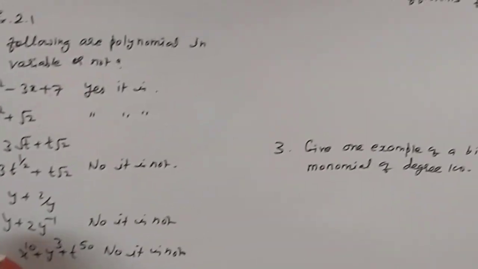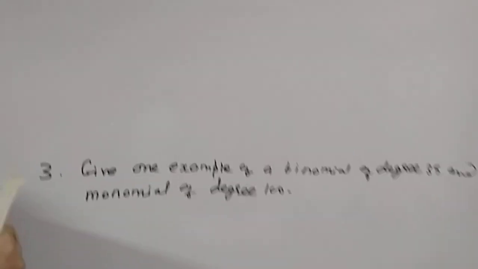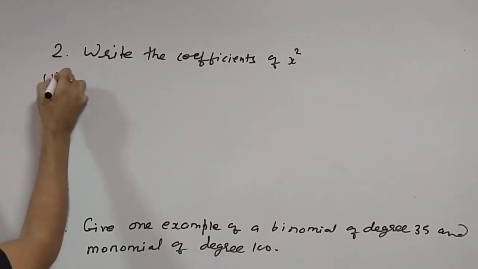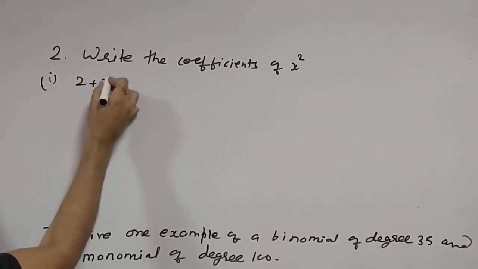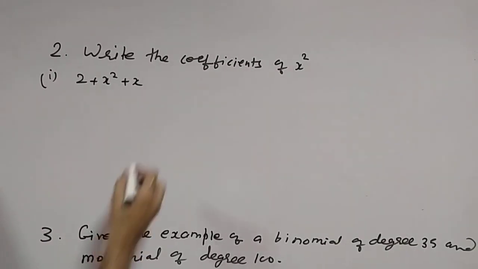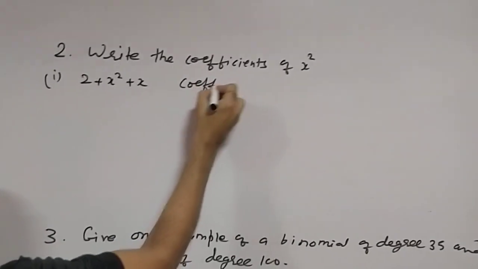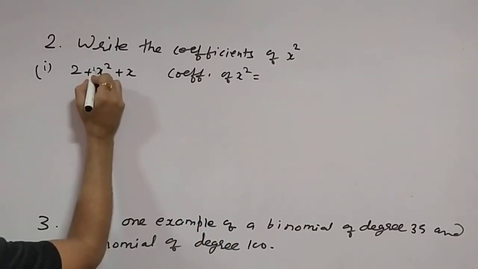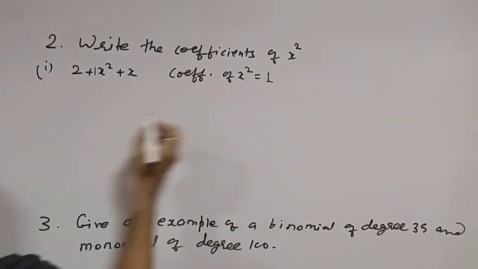Now next, write the coefficient of x square. First, 2 plus x square plus x. The coefficient of x square is, x square is 1, so it is 1.